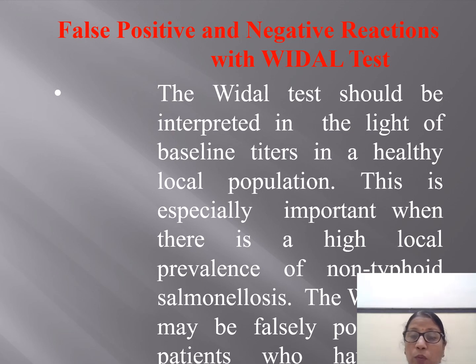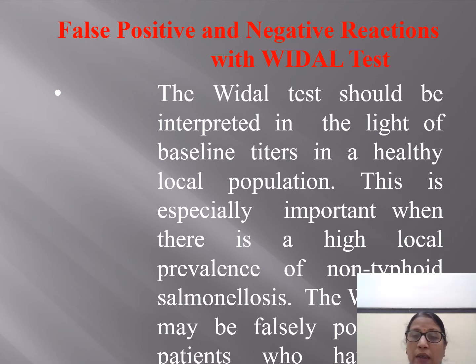This is called the baseline titer or community titer. So maybe up to 1:40 or 1:30 for O antigen, and 1:30 or 1:60 for H, means below 1:60 titer for O and H may be in a normal healthy population.